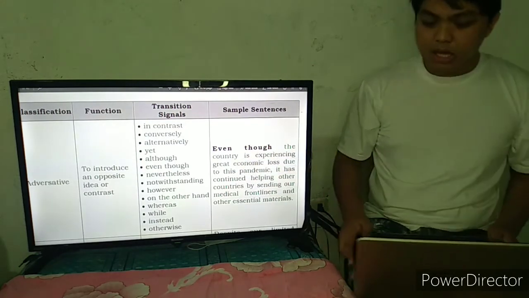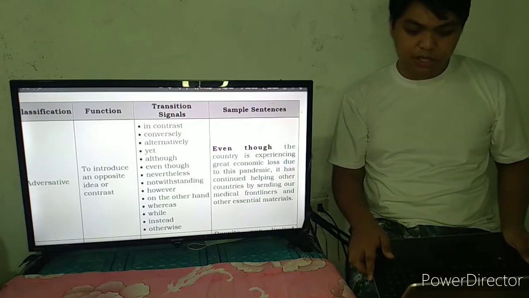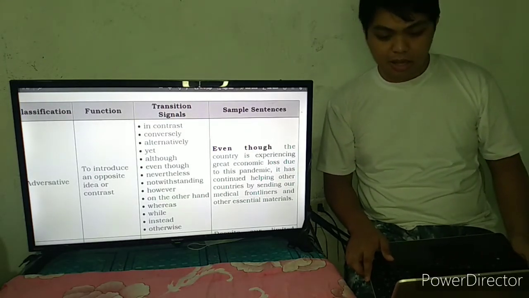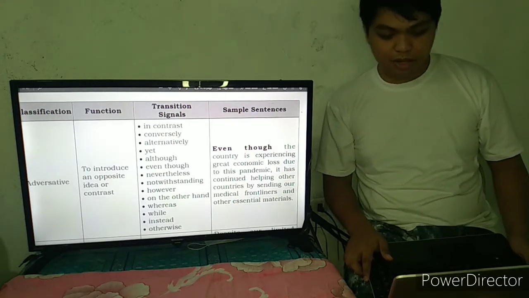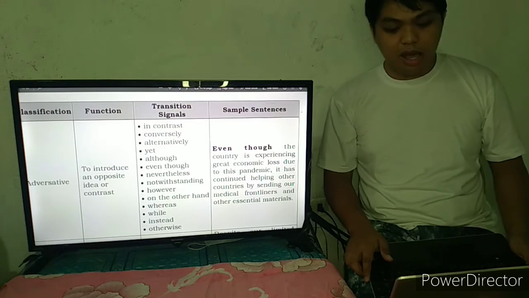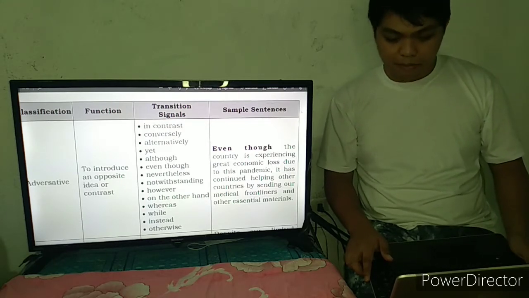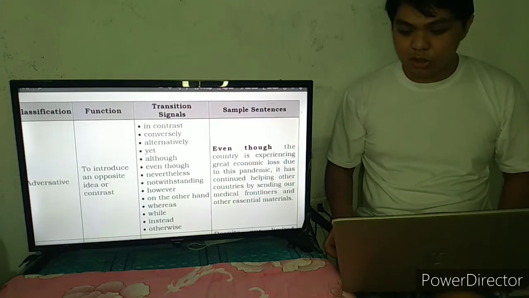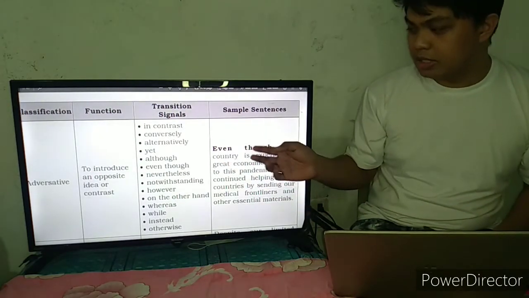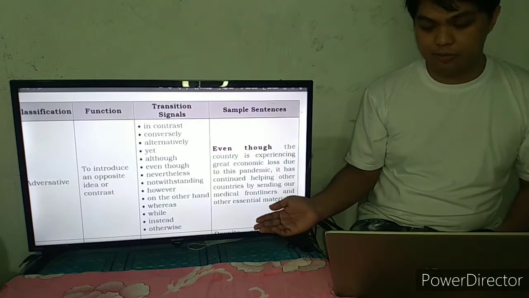Example is, even though the country is experiencing great economic loss due to this pandemic, it has continued helping other countries by sending our medical frontliners and other essential materials. Okay. So, dito sa ating sentence, nauna yung word na even though sa ating idea.